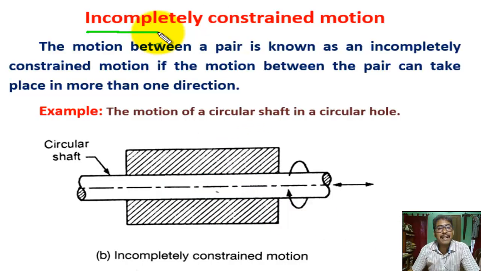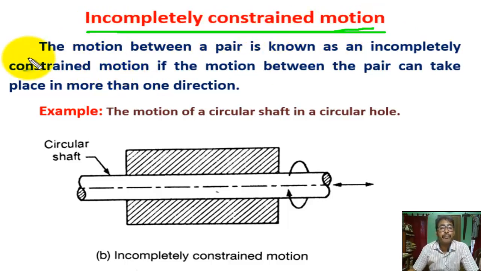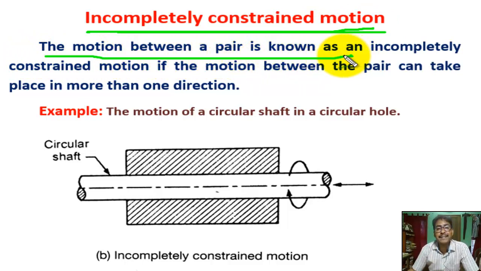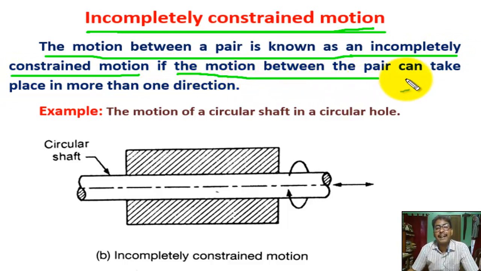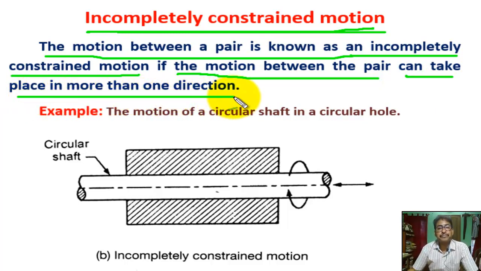Okay. Number 2, what is incompletely constrained motion? The motion between a kinematic pair is known as incompletely constrained motion if the motion between the pair can take place in more than one direction.